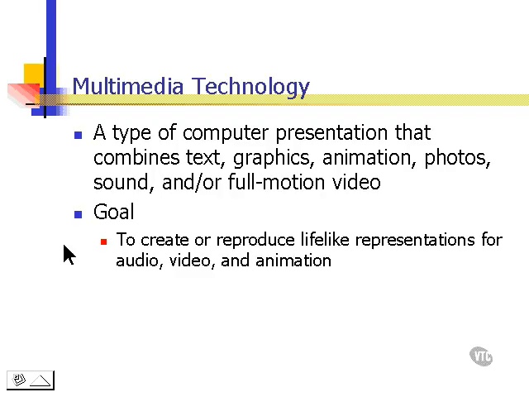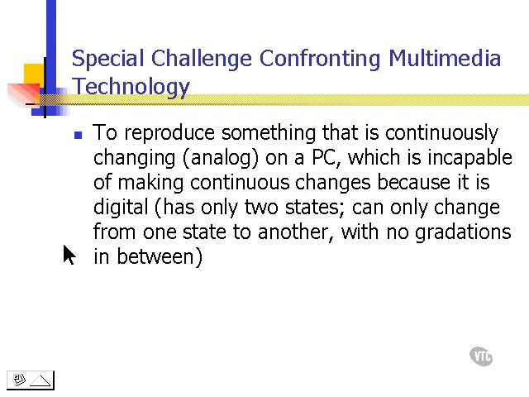The challenge is that bits are not continuous like real life. So the challenge is to reproduce something that is continuously changing, analog, life is analog, on a PC, which is incapable of making continuous changes because it is digital.